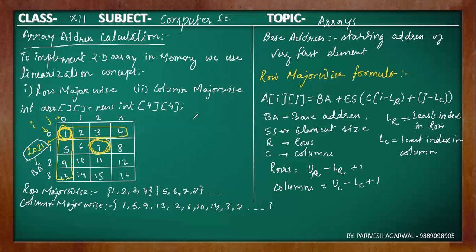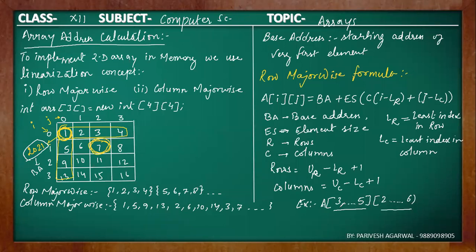If I explain with an example, some array has been given where they defined the index such that rows start from 3 until 5, and columns start from dot dot dot until 6. Now here this 3 is considered as rows, because the first bracket is for rows and the second one is for columns.